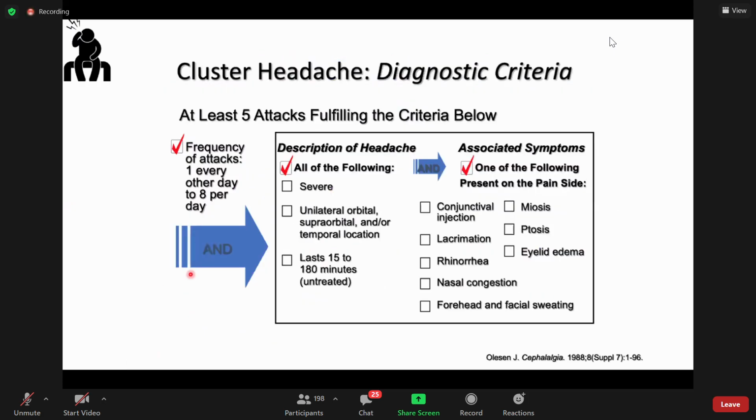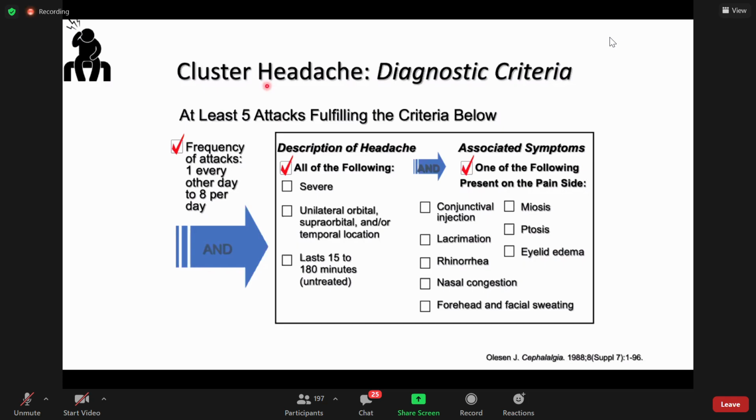Cluster headache is called cluster because it comes in clusters, which means that the patient will be free of headache all year long. And then, almost in a predictable way, 1 month of the year, he will have a group of headaches that come on every day.